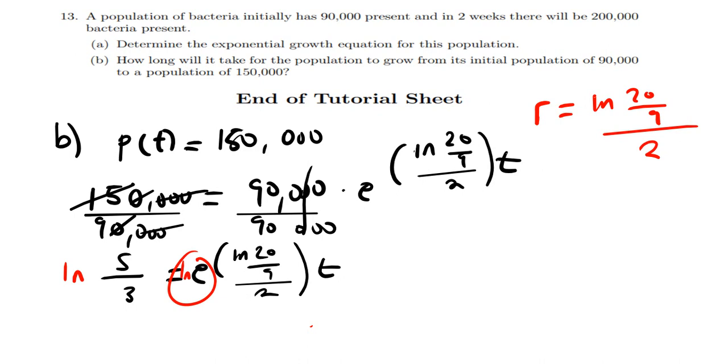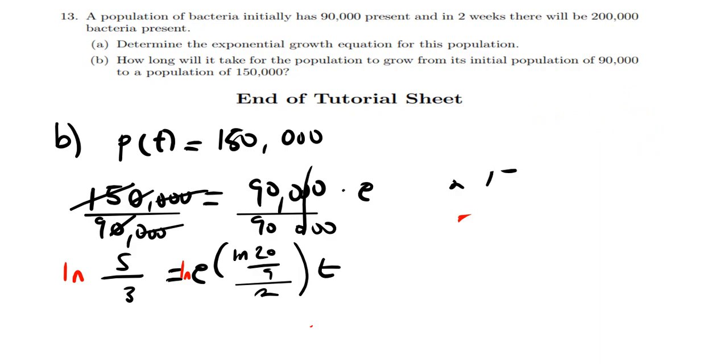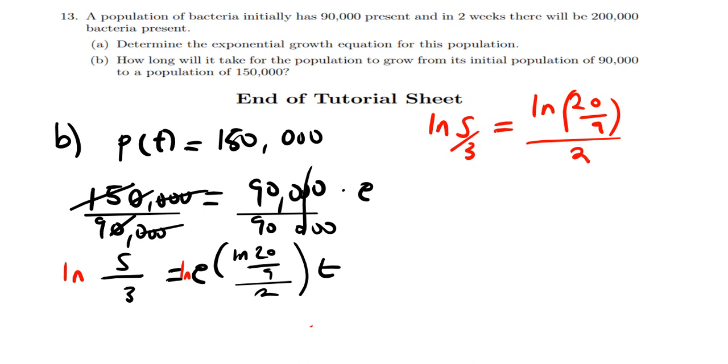Therefore I'm going to have natural log of 5 over 3 is equal to this other whole expression, natural log of 20 over 9, divided by 2, then we've got a t outside.